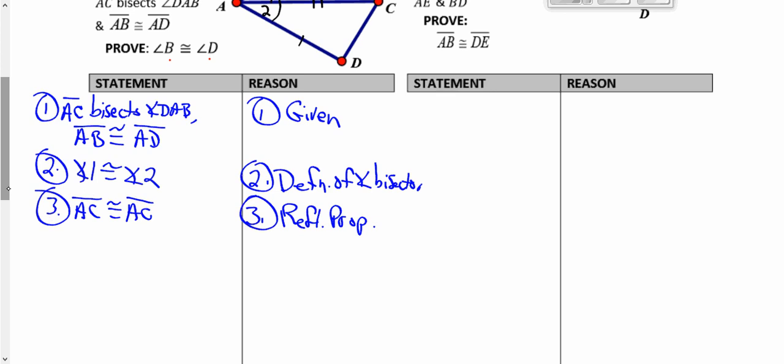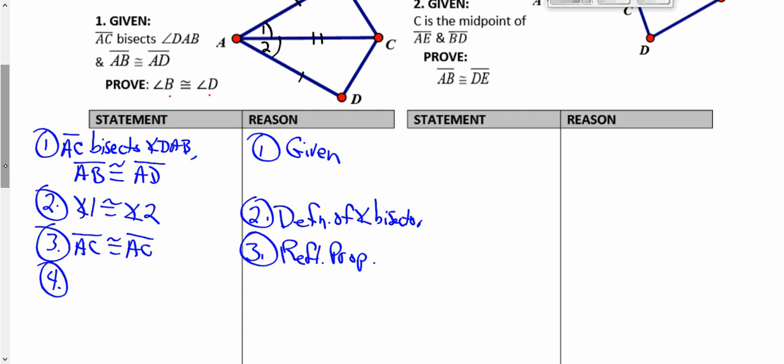Because before we use CPCTC, the CT part, we need to state it. We haven't stated it yet, so we're going to say triangle ABC, and we need to line this up, because these need to be corresponding angles, so this statement has to be right. So ABC congruent to triangle what?